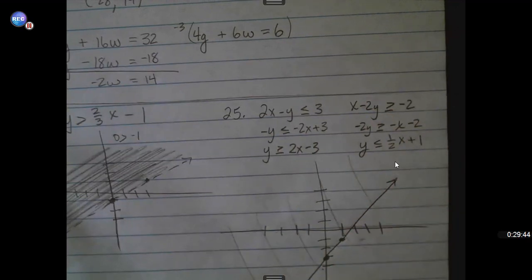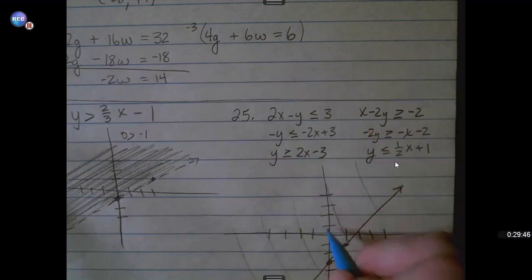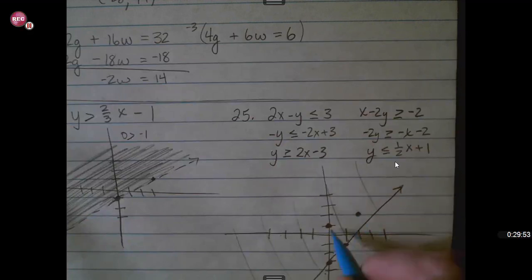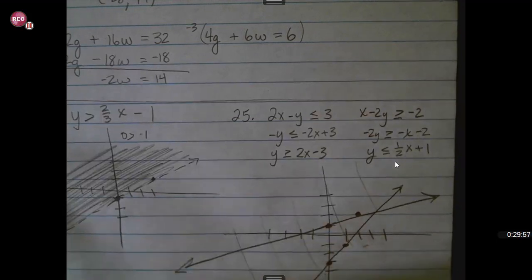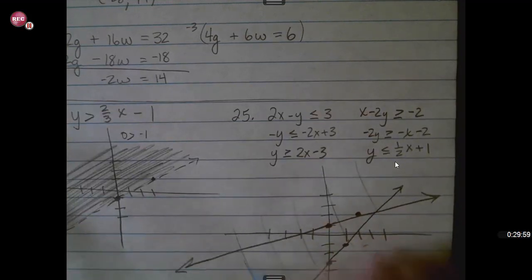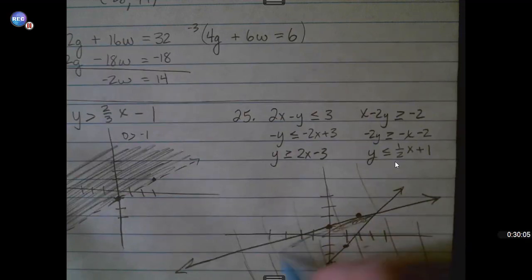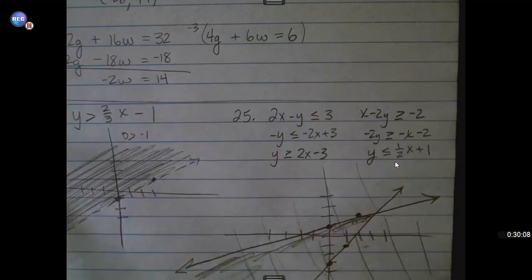Okay. The other one intercepts at 1, up 1 over 2. And that is a solid line as well. And it'll be shaded this way. So where do the shadings overlap? This little triangular region in here.